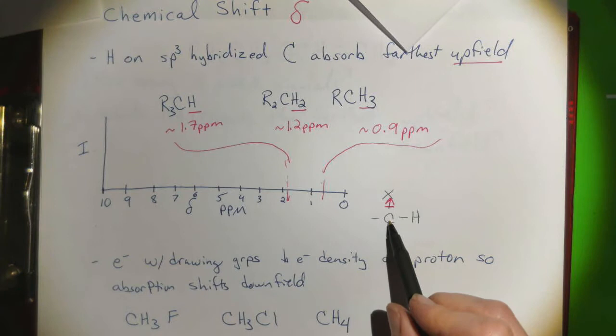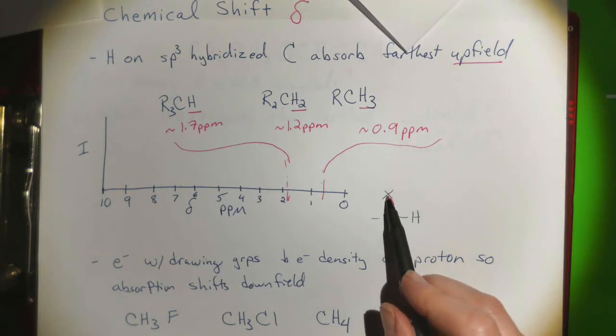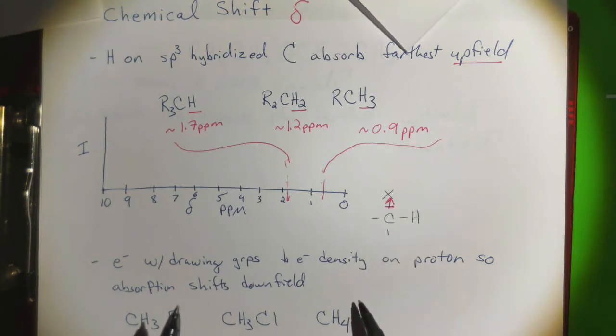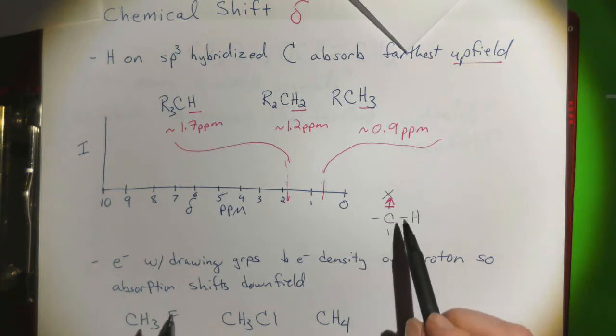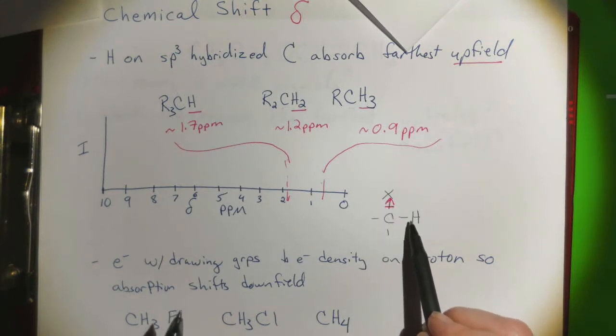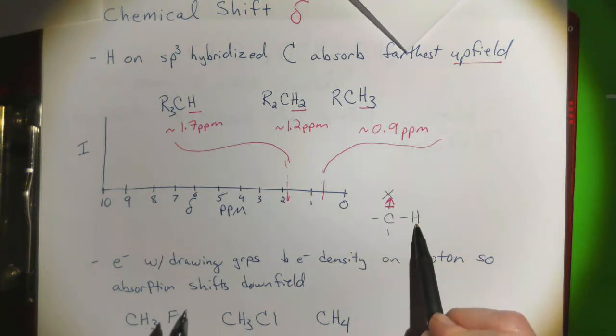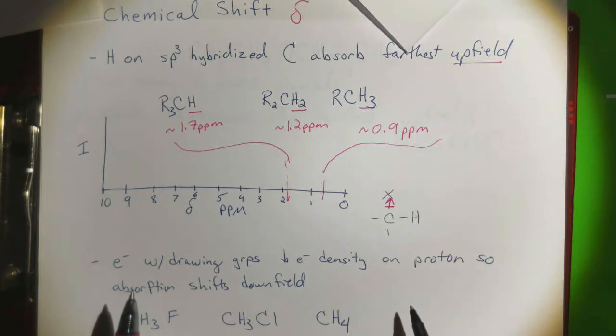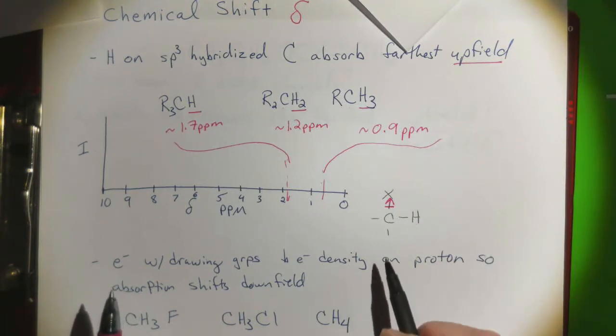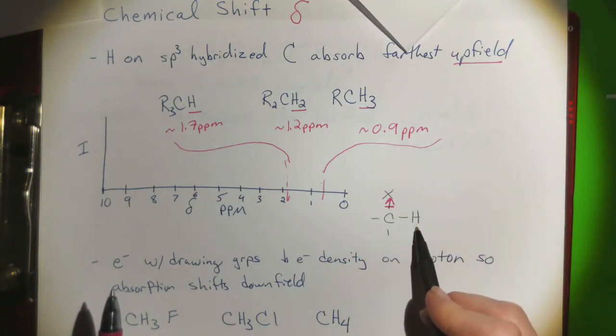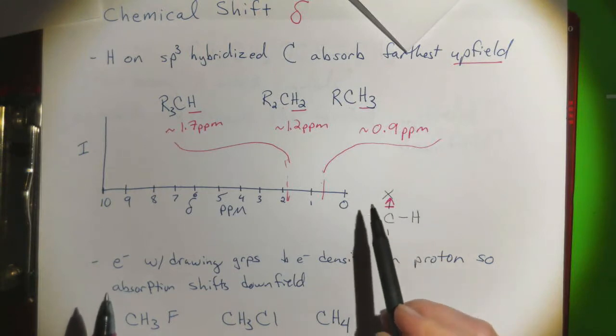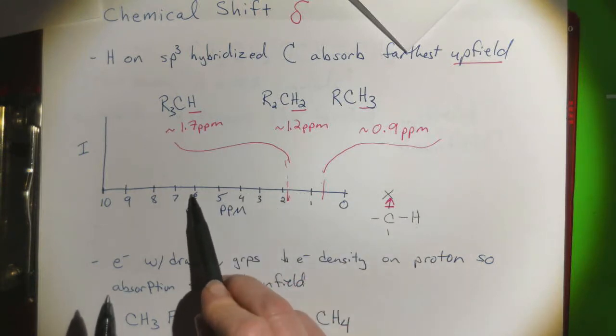Here we have our hydrogen that's attached to a carbon that's attached to an electron withdrawing group. When this occurs, the proton feels less electron density around it, and so where it absorbs is going to be farther downfield.